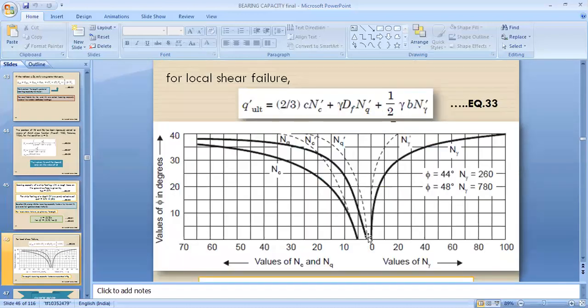This is how we can apply Terzaghi's equation, which was originally for general shear failure, to local shear failure.